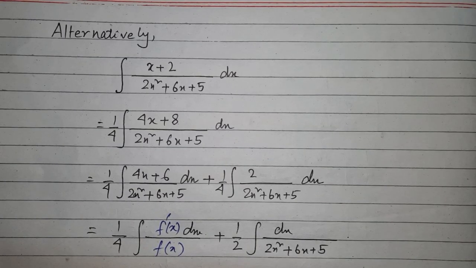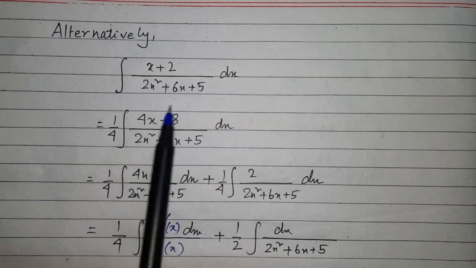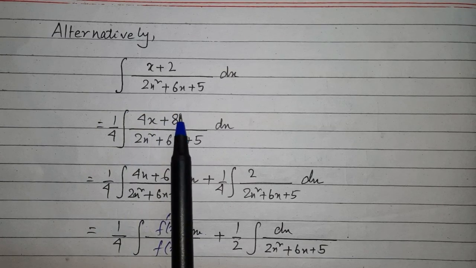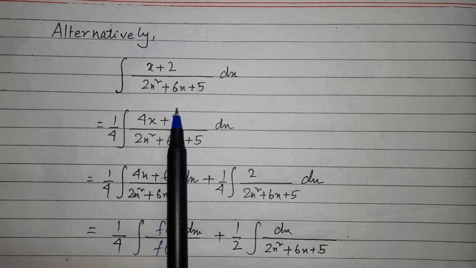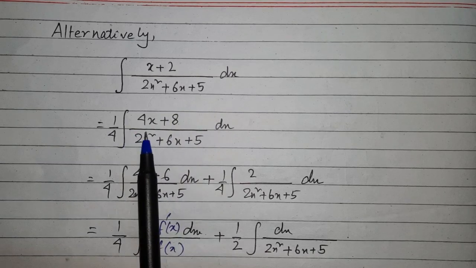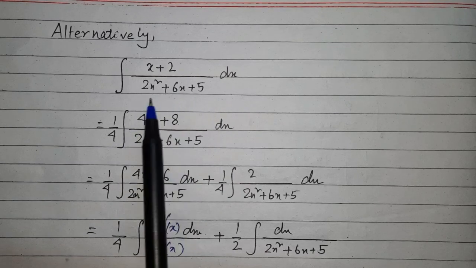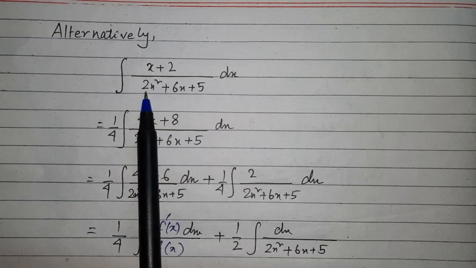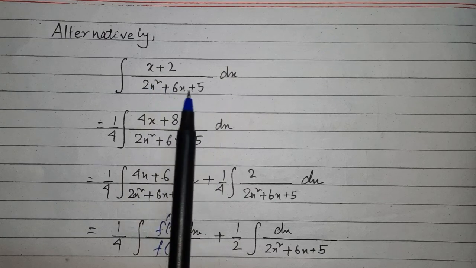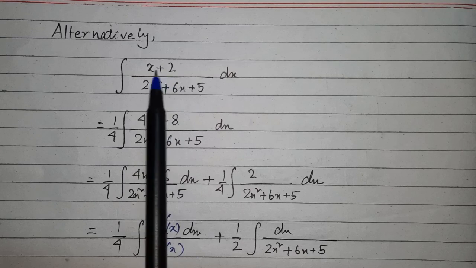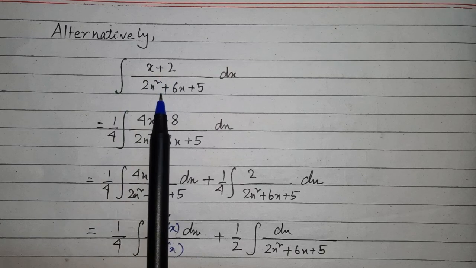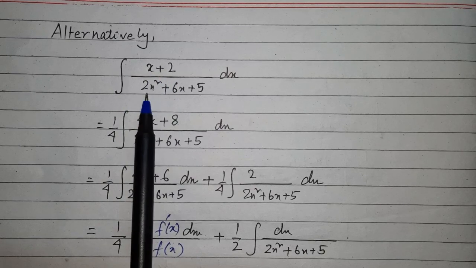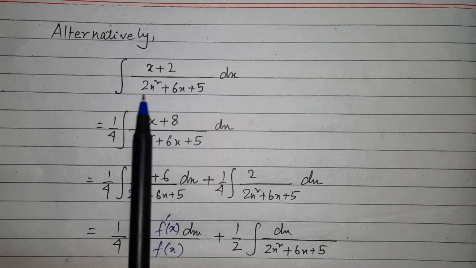Now I have another method to solve this kind of integration. Actually I will solve this integration by using my intuition. Now for this, what we have to do, we can see that the denominator is a quadratic expression and the numerator is a linear expression. So in that case, first of all, we need to differentiate the quadratic expression.